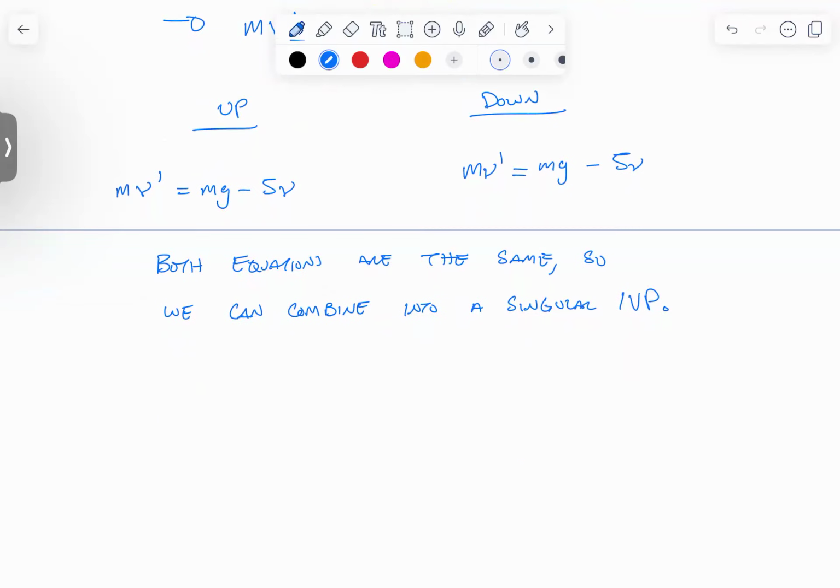Since I ended up with both equations the same, I can just have one, and we can then identify a couple of pieces.